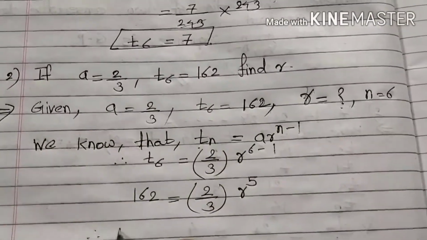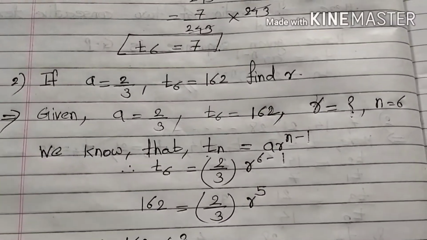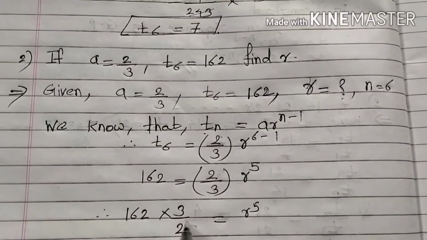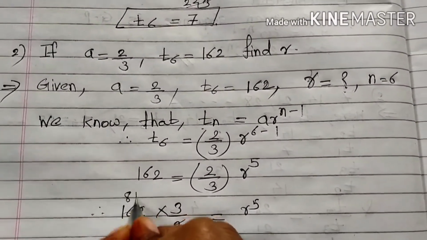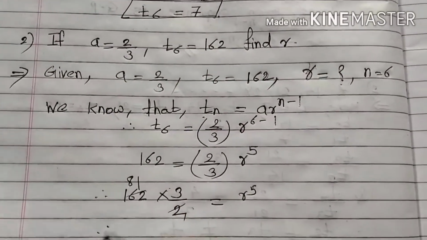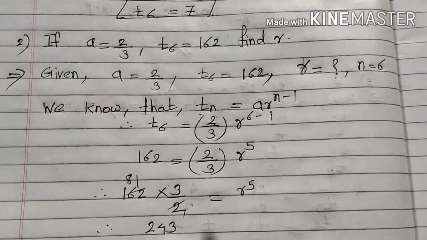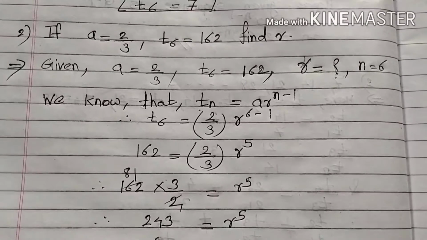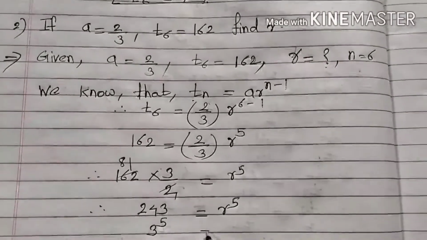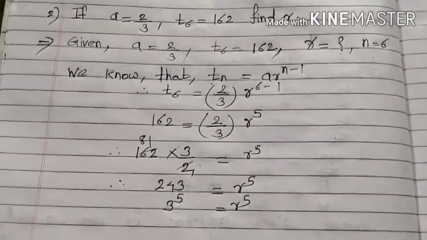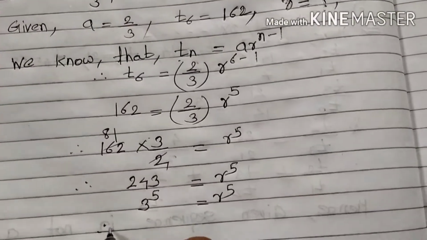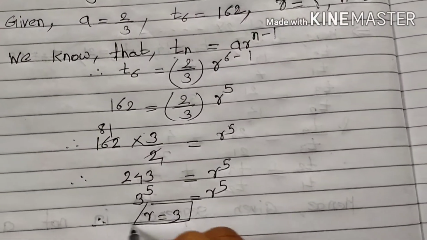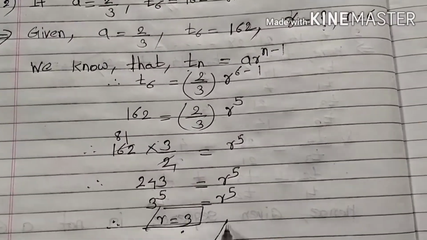So therefore 162 into 3 upon 2 is equal to r raised to 5. 81 into 3, therefore 243 is equal to r raised to 5. But 243 means 3 raised to 5, which is equal to r raised to 5. So therefore r is equal to 3. So this is the value of r.